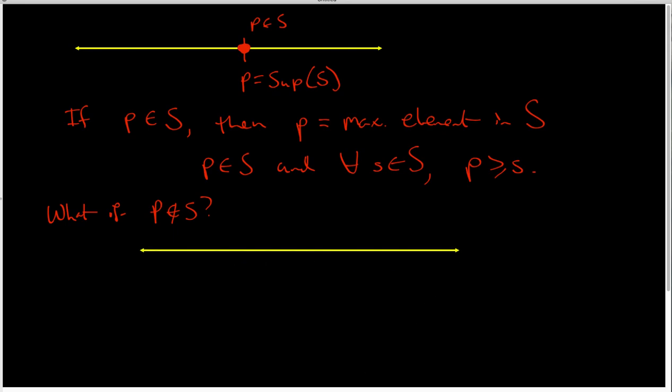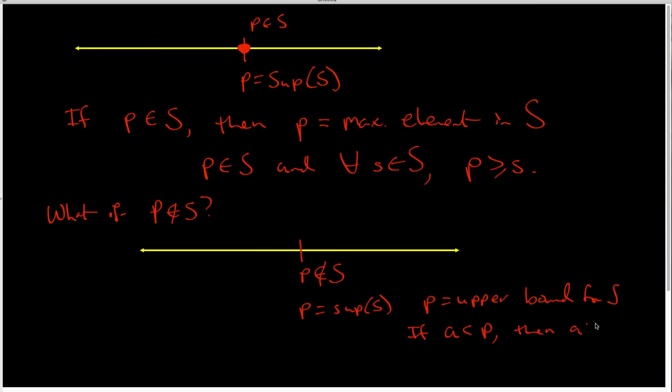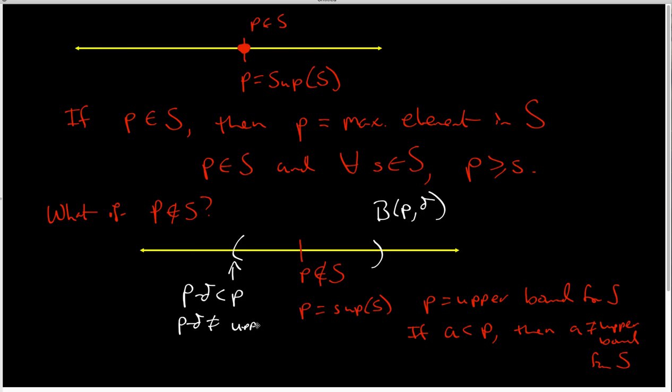If P is not inside S, then P sits here, and P is not inside S. I know that P is the sup of S, so I know that P is an upper bound for set S, and I know that if A is less than P, then A is not an upper bound for set S. So I'm going to look at a little delta ball about P. So this is a delta ball about P. And in particular, P minus delta is strictly less than P. And so P minus delta is not an upper bound for set S.